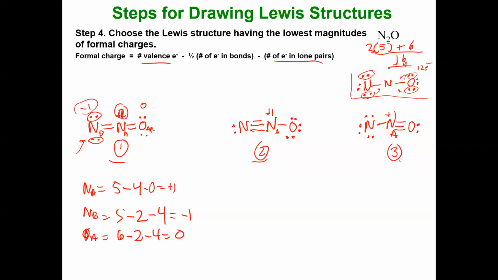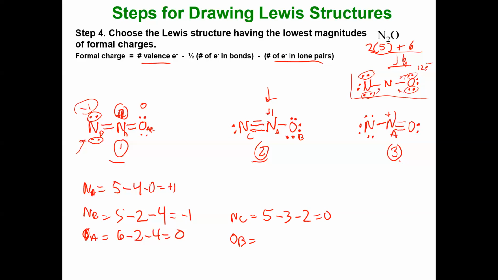Then we go over to number 2. We've already calculated the central atom. Let's call this nitrogen C, and we'll call this oxygen B. Nitrogen C has 5 valence electrons, 3 bonds and 2 electrons in lone pairs.